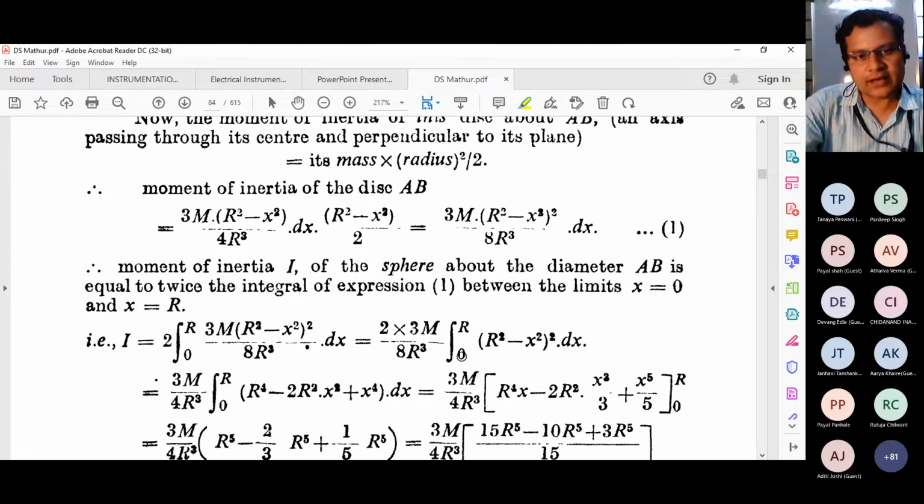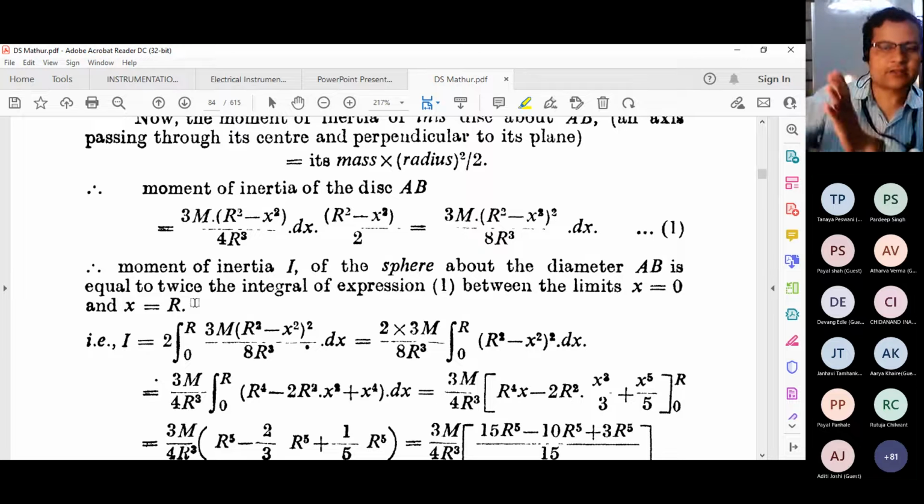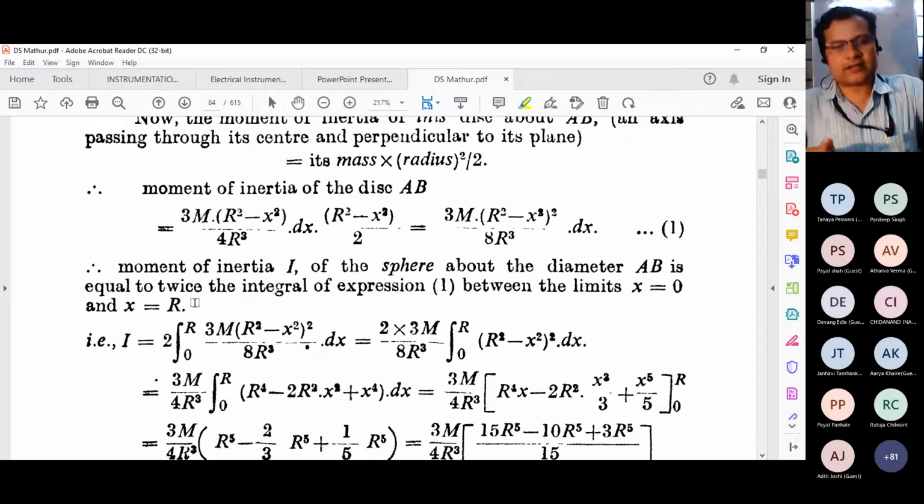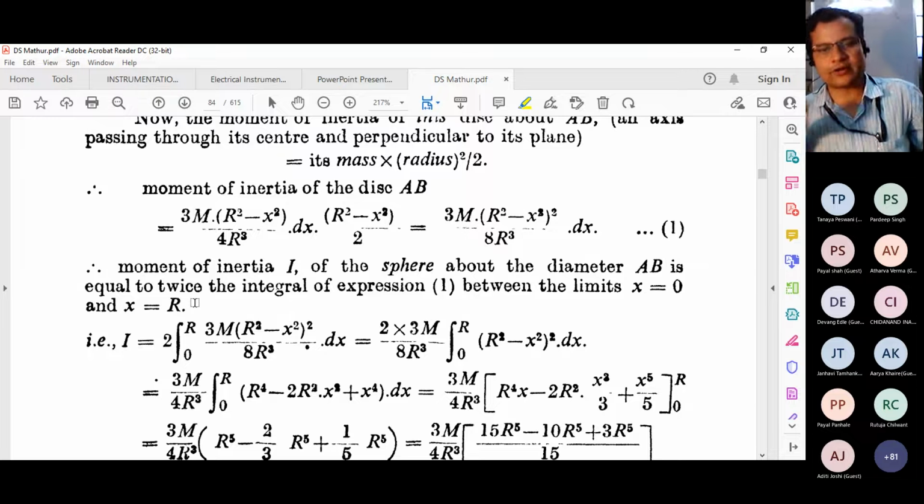Now you can ask why this moment of inertia of the whole sphere is multiplied by 2. Since we are considering the thin slice only on one side, that covers only the semi-spherical region of the body.